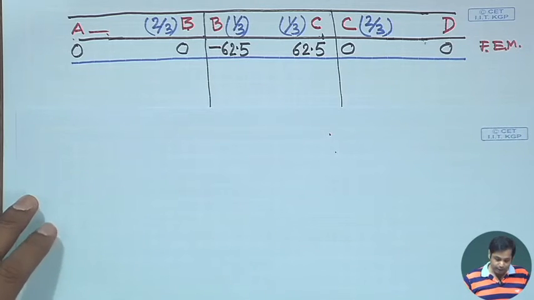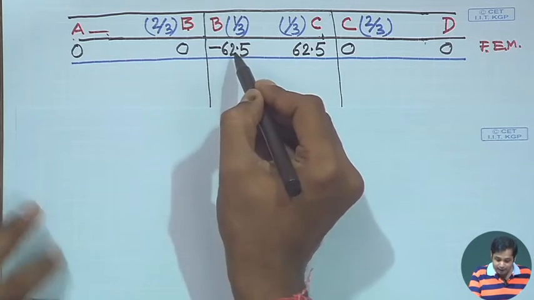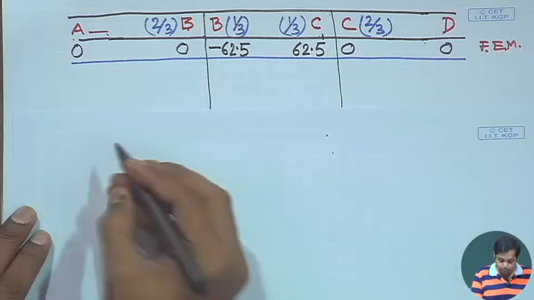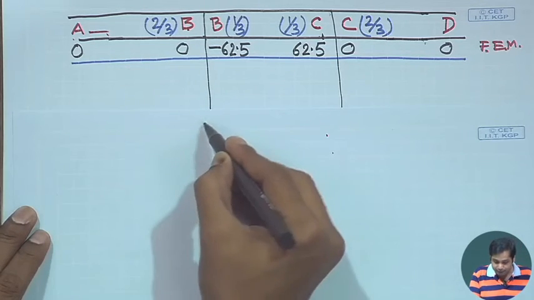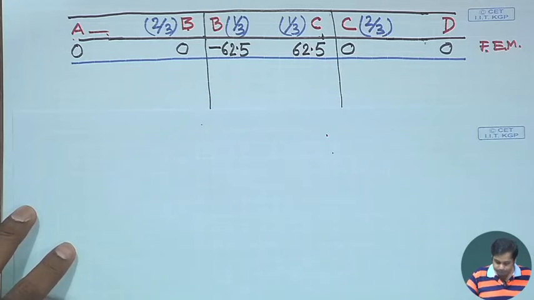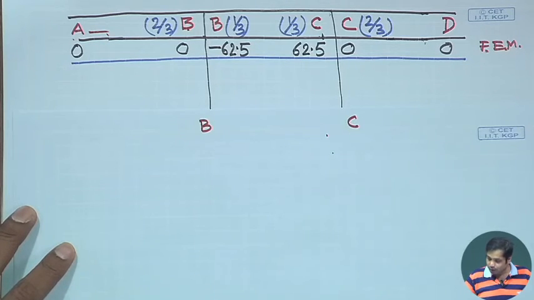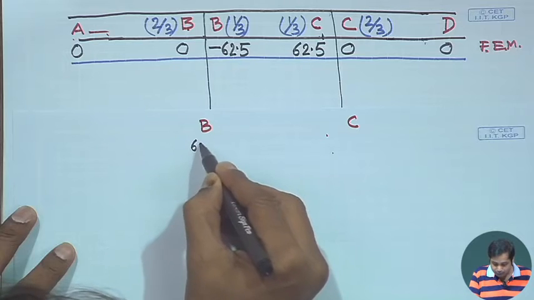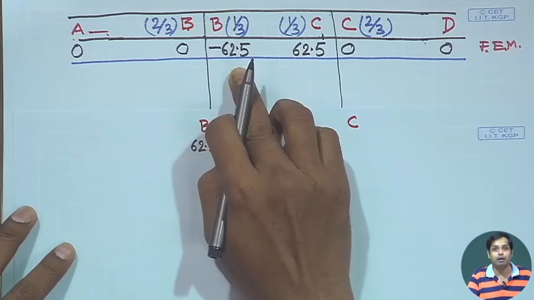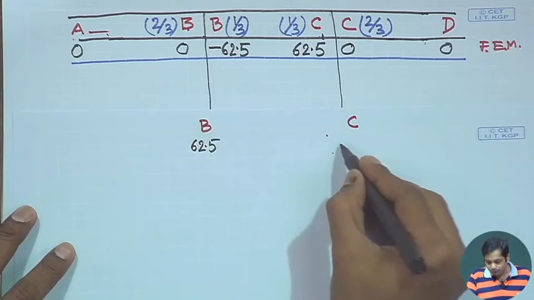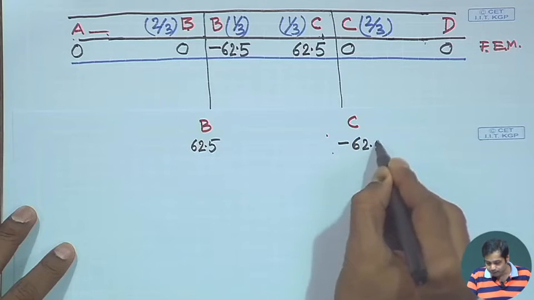So this is B, this is C. We need to apply plus 62.5 here, and at joint C we have to apply minus 62.5.